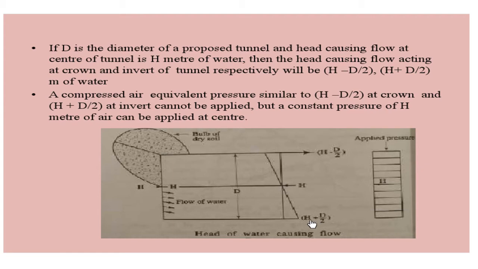Because of this, since an excess of d by 2 is being given over here, the water molecules along with some soil may go upside. Since the pressure is being given, an excess pressure is coming, because actually only h minus d by 2 is required, but an excess of d by 2 meters of pressure is being given.